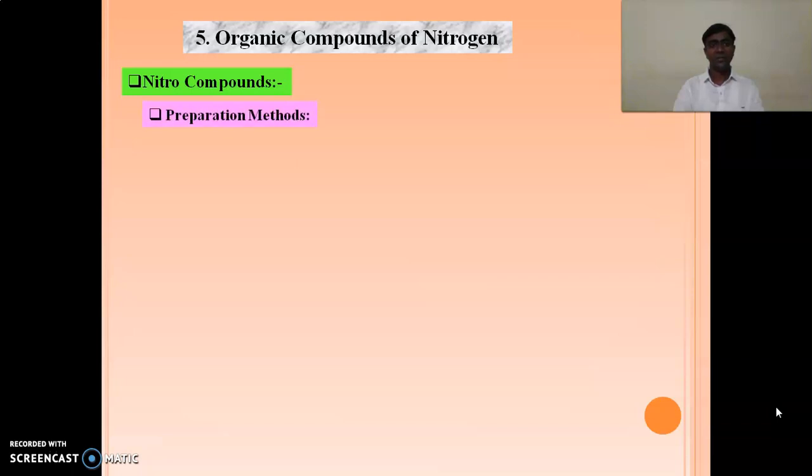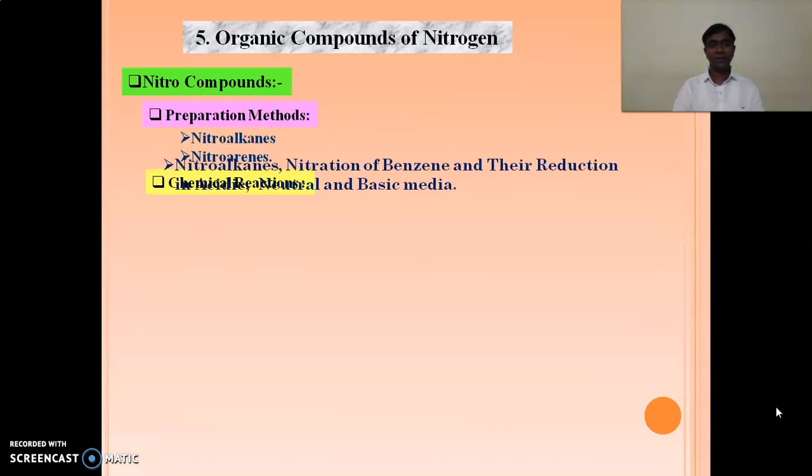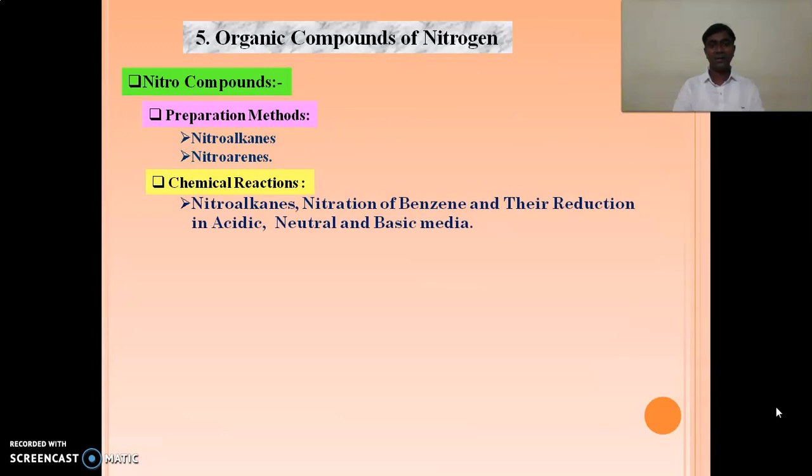The next point is the preparation methods of nitro compounds by using nitroalkanes and nitroarenes. So here chemical reactions of nitro compounds, that is nitroalkanes, nitration of benzene and their reduction in acidic, neutral and basic media.